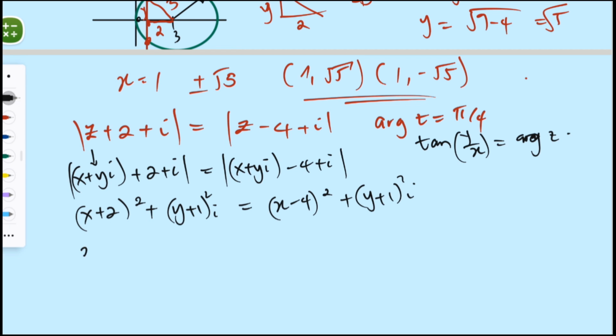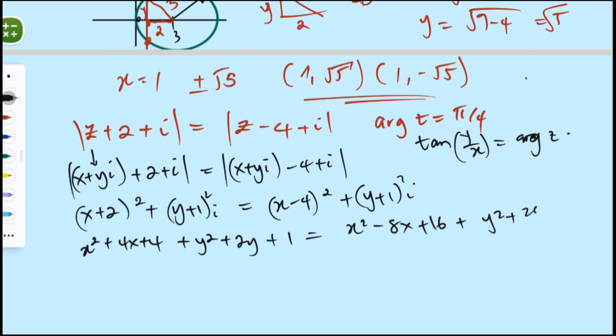Expanding the brackets, x squared plus 4x plus 4 plus y squared plus 2y plus 1 equals x squared minus 8x plus 16 plus y squared plus 2y plus 1.